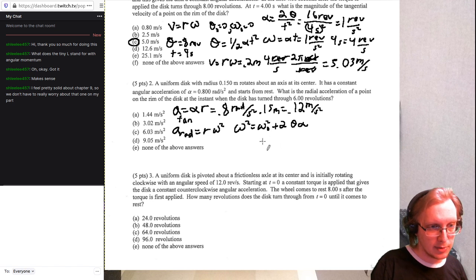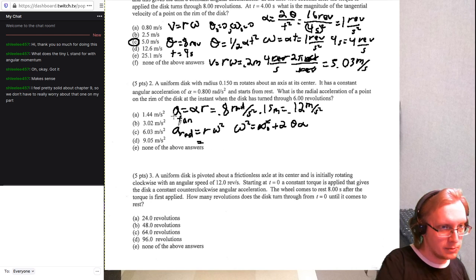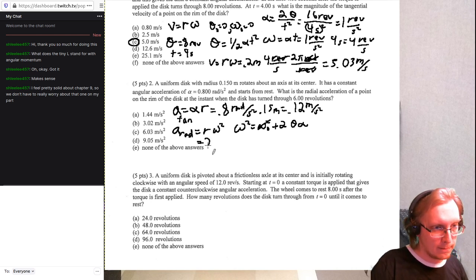That's about right. Cool, that omega naught is 0, and this is exactly what we need. So I'm going to go ahead and write that in. So let's put in my 2, 2 r omega squared being 2 theta alpha.